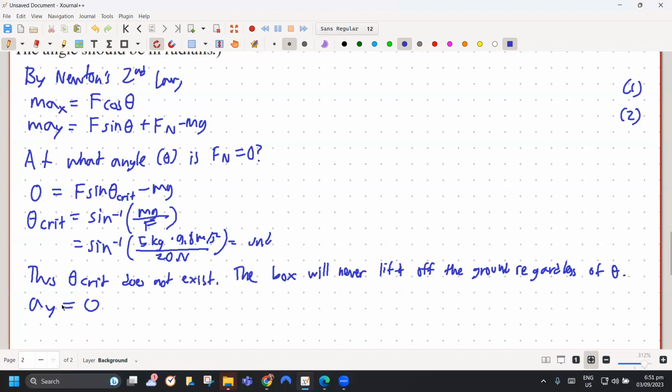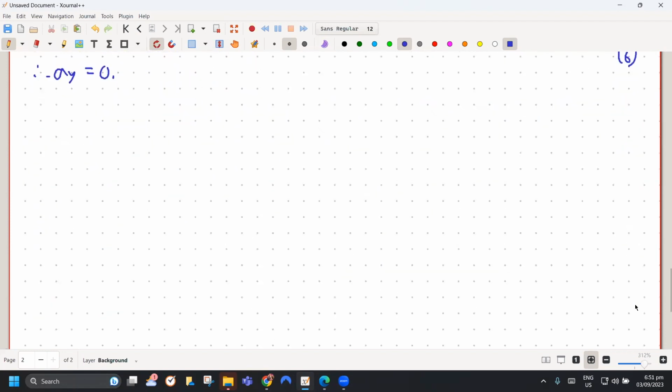So ibig sabihin one-dimensional yung problem. Na-eliminate na po, so yung equation 2 di na natin kailangan. So equation 1 na lang. So what does equation 1 say? So balik tayo sa equation 1. Tapos ano yung tanong?